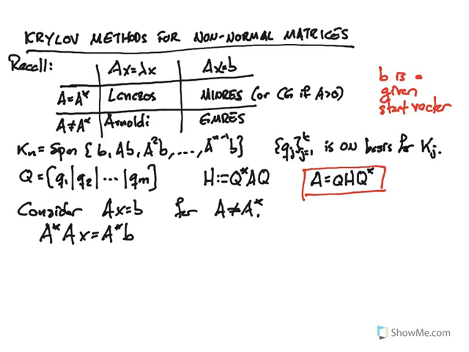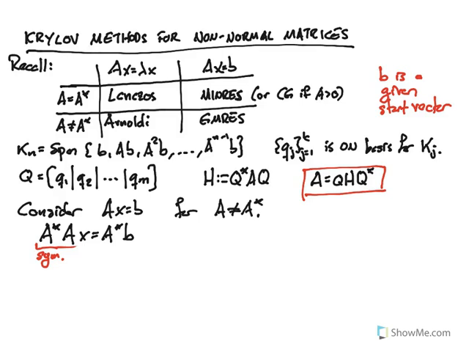So this is known as the normal equation. And now notice that the coefficient matrix here is very nice. This is symmetric, and it's at least semi-definite, or let's call it non-negative. And in fact, if A is non-singular, then it is positive definite.